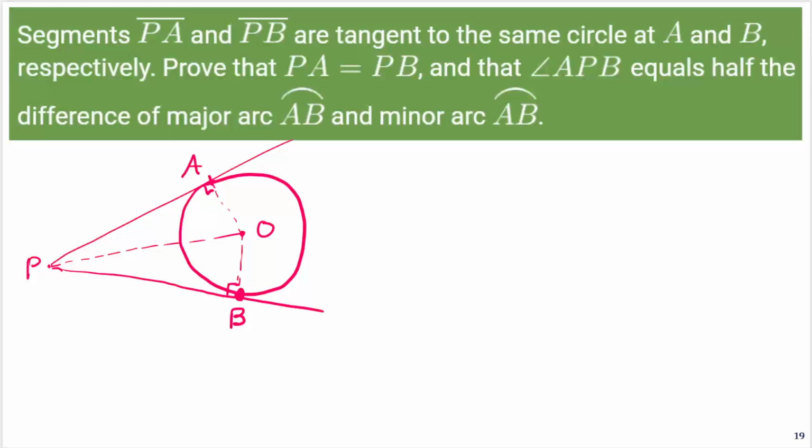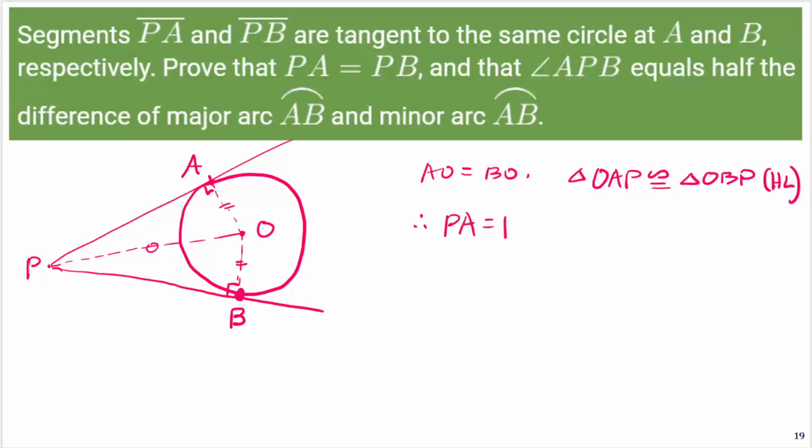Since we have AO equals BO, triangle OAP is congruent to triangle OBP by HL, right? Because they are two right triangles, with a hypotenuse and a pair of sides equal. That means these two triangles are congruent to each other. Therefore, we have PA equals PB. This proves PA equals PB, right?